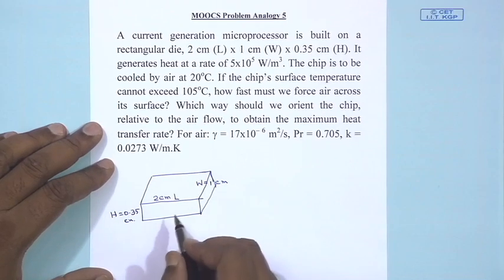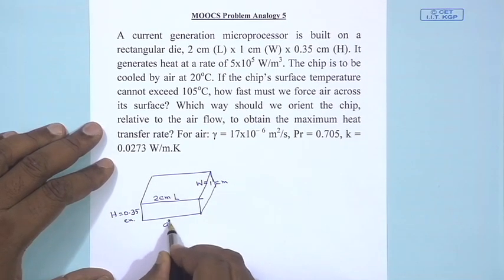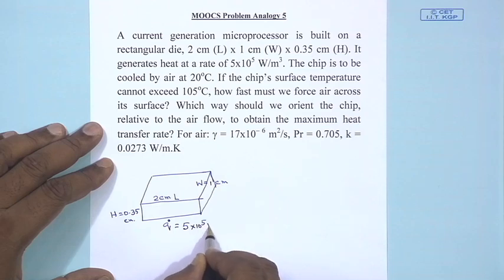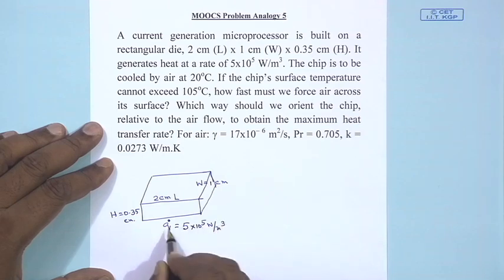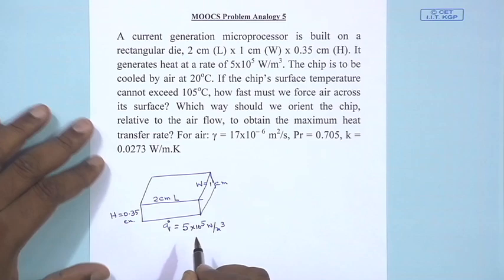It generates heat at the rate of, so you have a Q dot present in the system, which is 5 into 10 to the power 5 watt per meter cube. So, it is heat generation per unit volume.